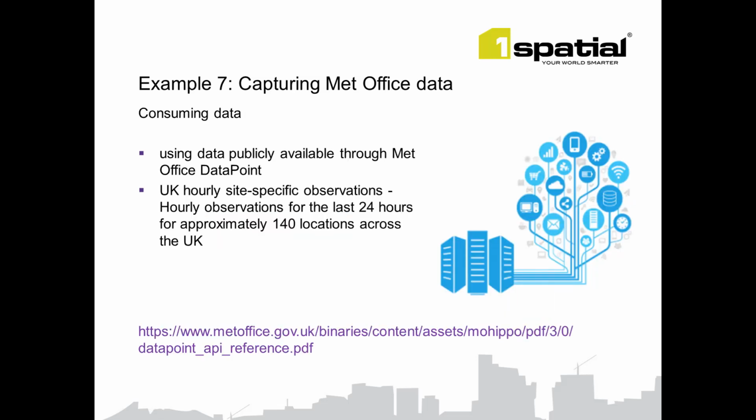Another example, same idea, we're capturing data on weather observations from the Met Office data point site. And there's a wealth of data on here. It's available publicly to use under a fair use policy. So you can make up to 5,000 requests per day for free here.